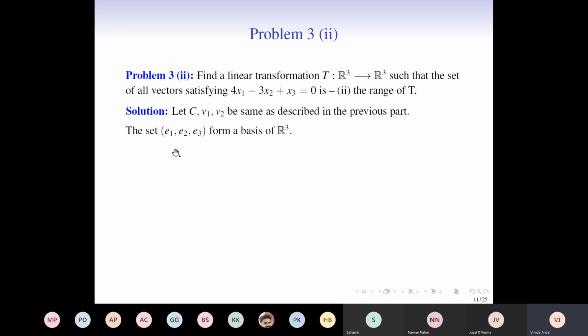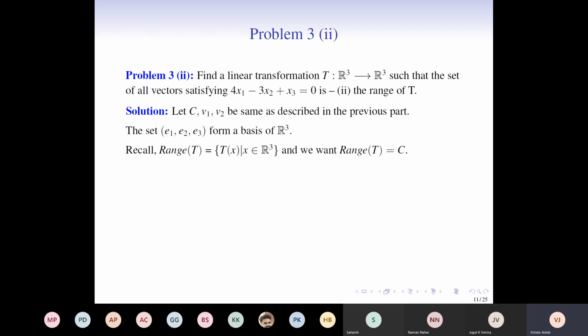So now just take some basis of R3. Let's just take the standard basis E1, E2, E3. E1 is 1, 0, 0, E2 is 0, 1, 0, E3 is 0, 0, 1. So this set E1, E2, E3 forms a basis of R3. Now what is the range of T? Range of T is basically all those values that T can result in.